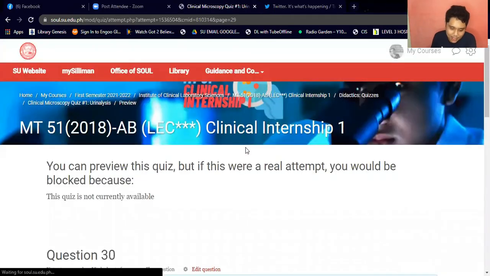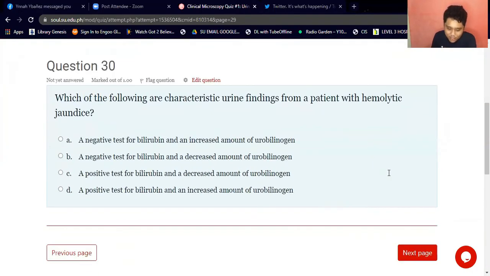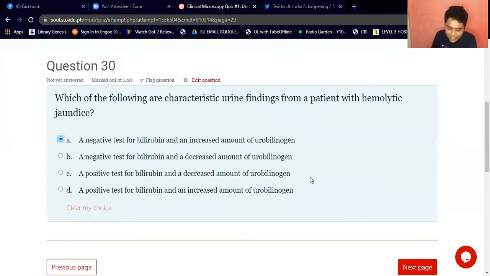All right, last na. 30. Which of the following are characteristic urine findings from a patient with hemolytic jaundice? Negative bilirubin, increased urobilinogen. So the correct answer there is letter A: negative for bilirubin and increased amount of urobilinogen.